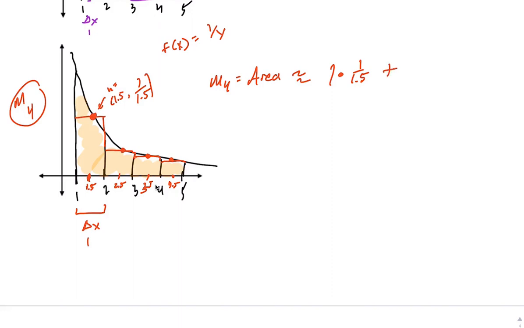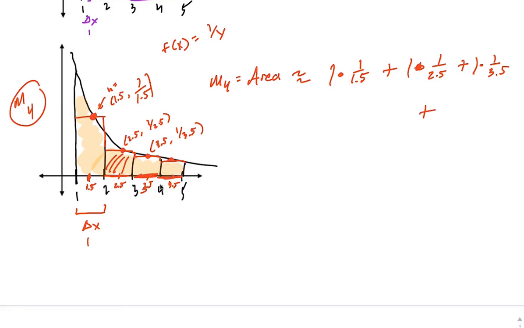And then same thing over here. That point right there will be 2.5 and 1 over 2.5. So this little thing is going to be 1 times 1 over 2.5. Plus, same thing here. 1 times the height, which is 3.5 and 1 over 3.5. Plus the final one right there.